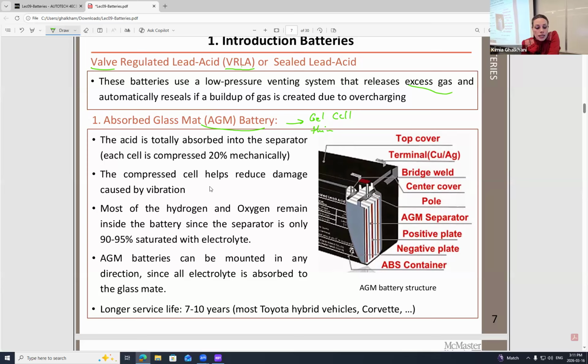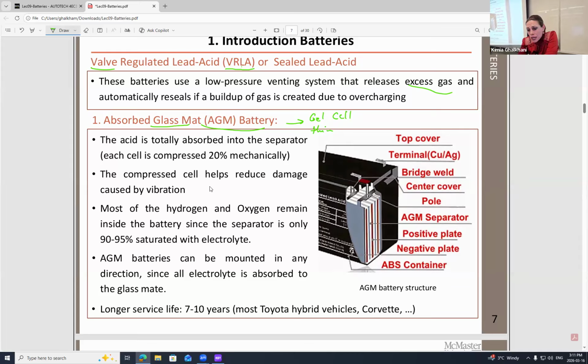And the other thing is this type of battery has fiberglass within the construction of the battery. That's why we call them glass mats. So that fiberglass is going to be a plate between the layers, the cathode and anode layers, in order to absorb the acid through that gel, because there is acid inside it.